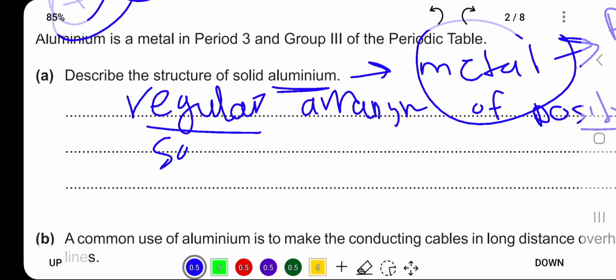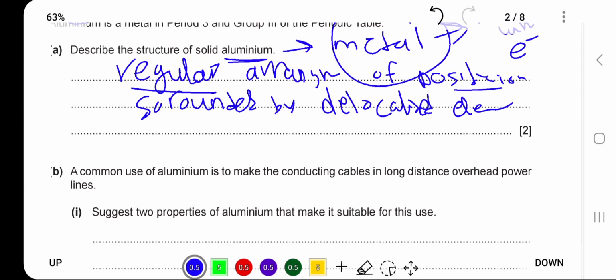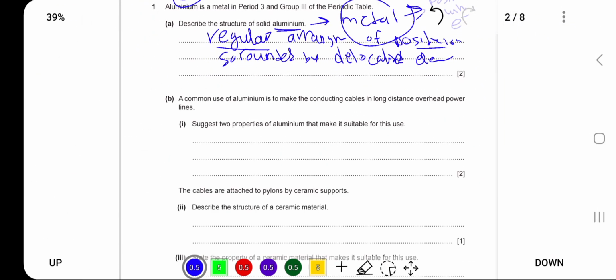That's exactly it. Surrounded by delocalized electrons. You should understand this.